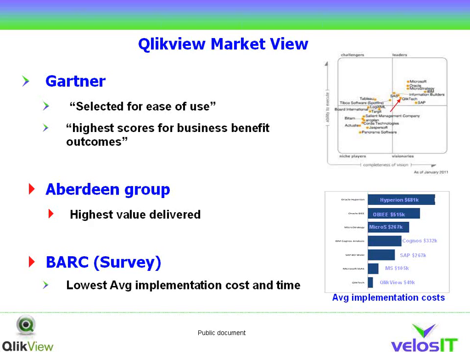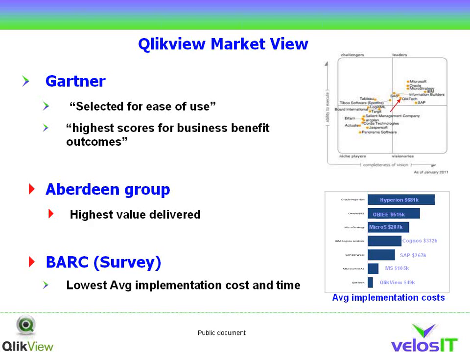If we start looking at what the market says about QlikView, these three companies, Gartner, Aberdeen Group, and BARC, are all independent views from well-known research consultancies. For the Gartner Magic Quadrant, which most of you will know about, I know it's an awfully small screen, but hopefully you can see it okay.